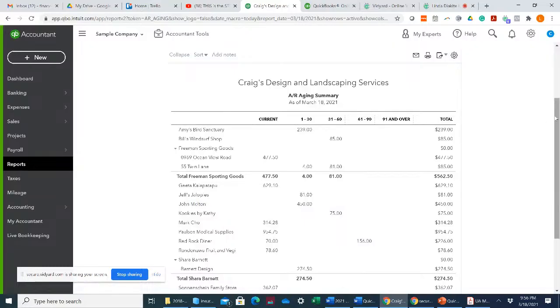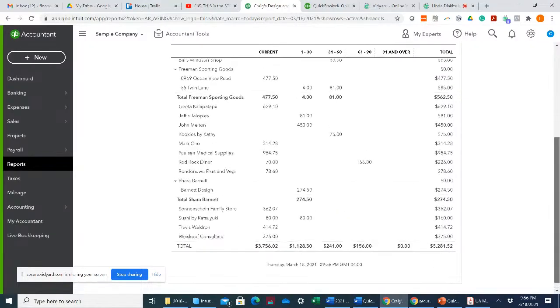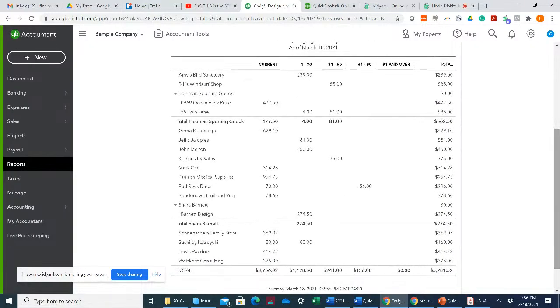So here, this is a good way to manage your cash flow. In a perfect world, you can say, okay, I'm expecting $5,281 to come in within 90 days. Pretty good. Now, for instance, here, this is way over, like 61 days.